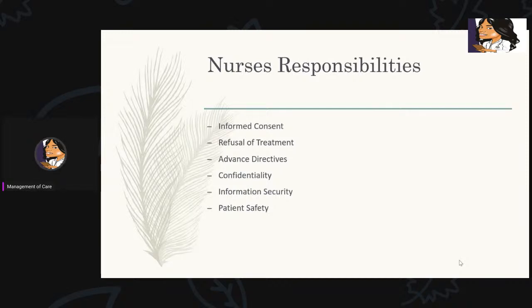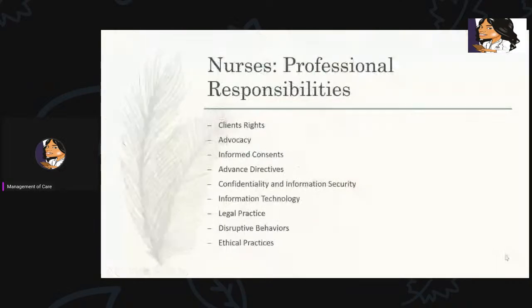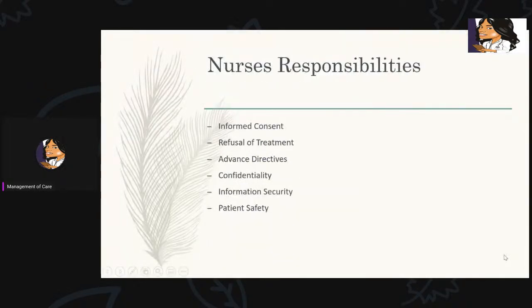So nurses' responsibility. It is our responsibility to make sure that the patient understands the informed consent. So basically, if you walk into a patient's room and the patient has no idea what the procedure is about or where they're going, don't allow the patient to sign the informed consent. We're supposed to advocate for the patient.